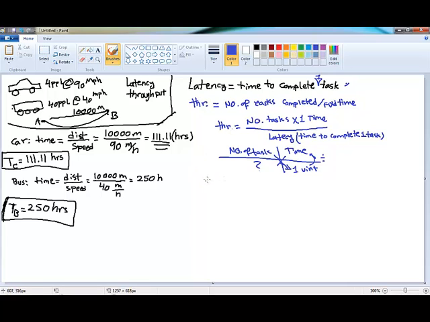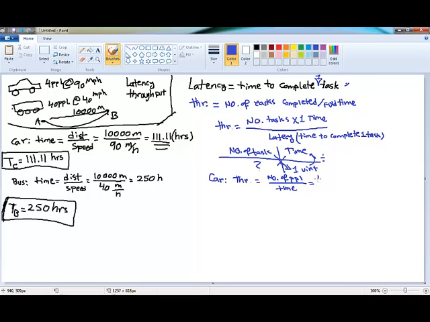So for the case of our car, now we're interested in throughput, right? It's basically how many people it transports over the amount of time that it takes to transport the people.